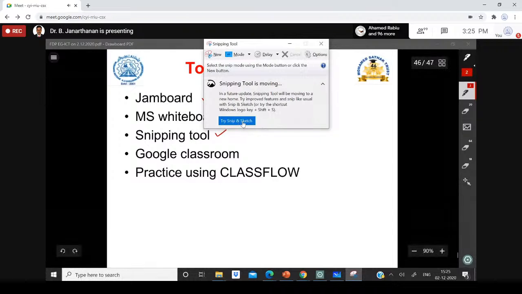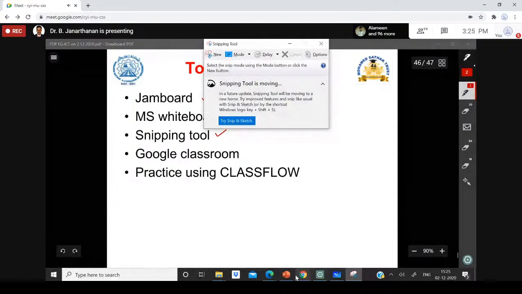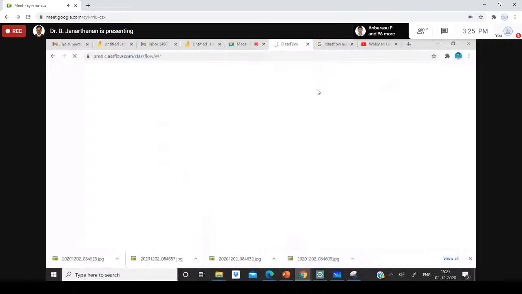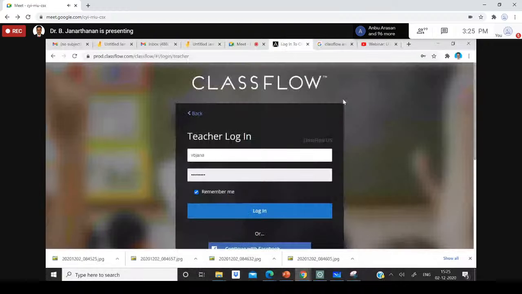Yeah, let it open. I'll go to ClassFlow and open this. So this is what comes when you type in www.classflow.com, it will open prod.classflow.com. So you will have both teacher as well as student login.